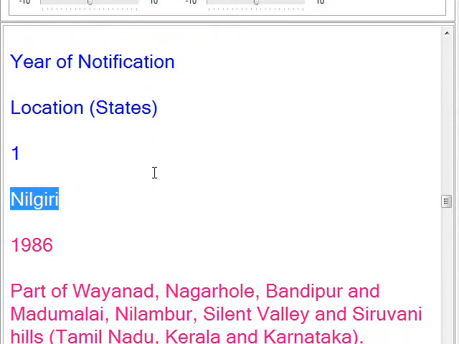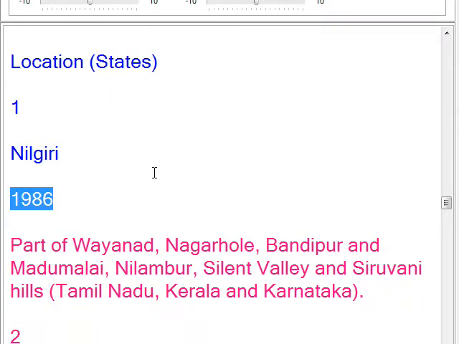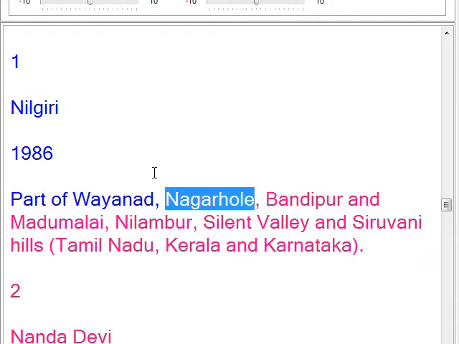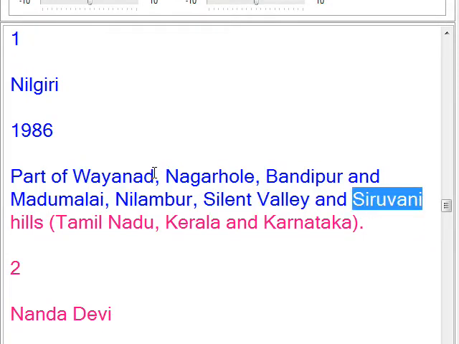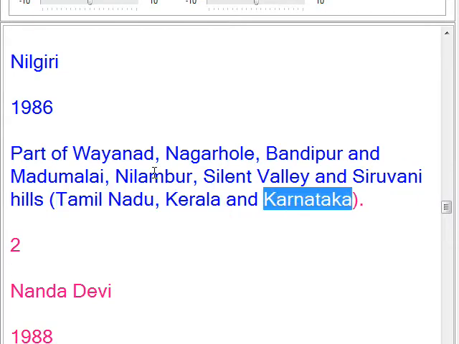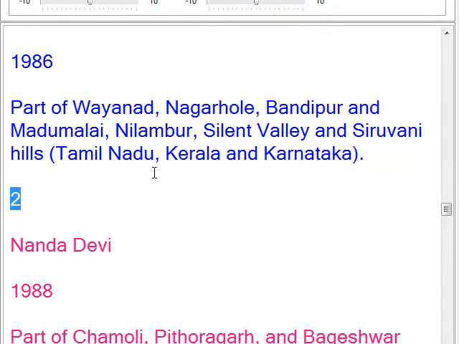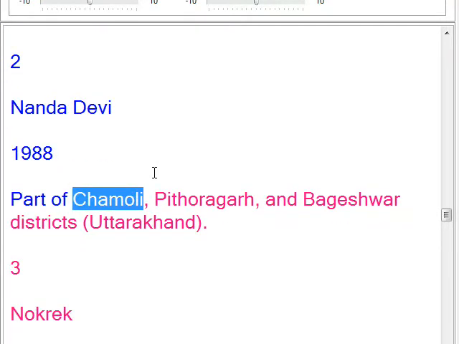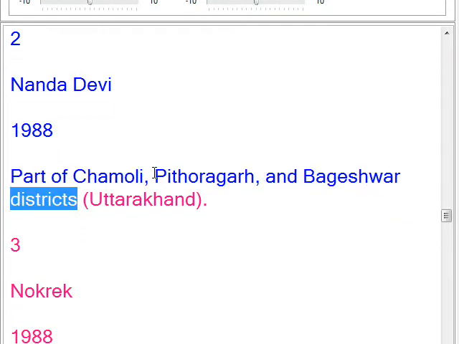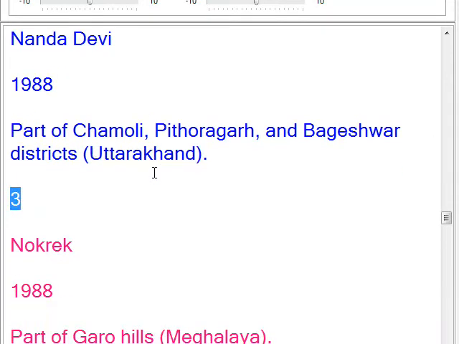1. Nilgiri, 1986. Wayanad, Nagarhole, Bandipur and Mudumalai, Nilambur, Silent Valley and Siruvani Hills; Tamil Nadu, Kerala and Karnataka. 2. Nanda Devi, 1988. Parts of Chamoli, Pithoragarh and Bageshwar districts, Uttarakhand. 3.